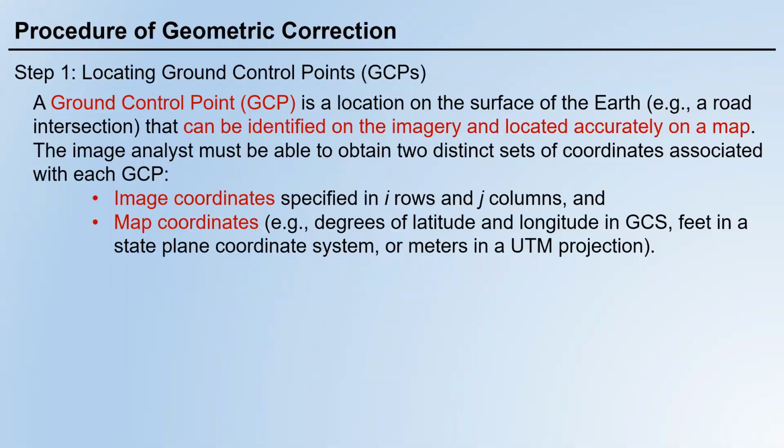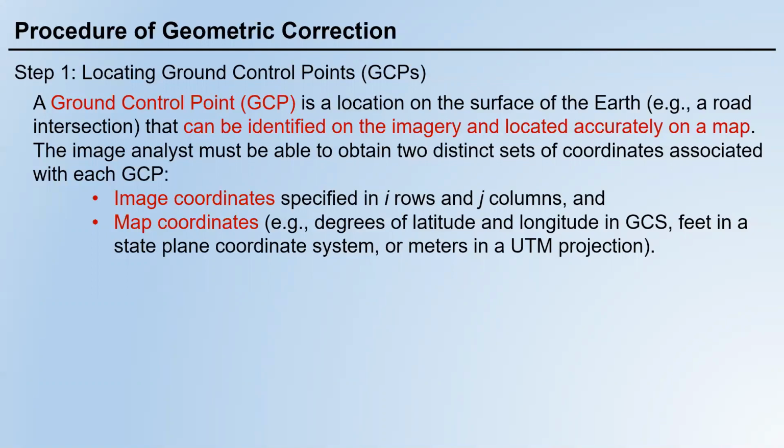So, according to this concept, GCP is something very arbitrary and subjective. The selecting of GCPs all depends on the user of the map or the GIS analyst or remote sensing analyst. So it's skillful and it requires experience. You need to find something that can be easily identified in your reference map and also easily identified on your remote sensing image.